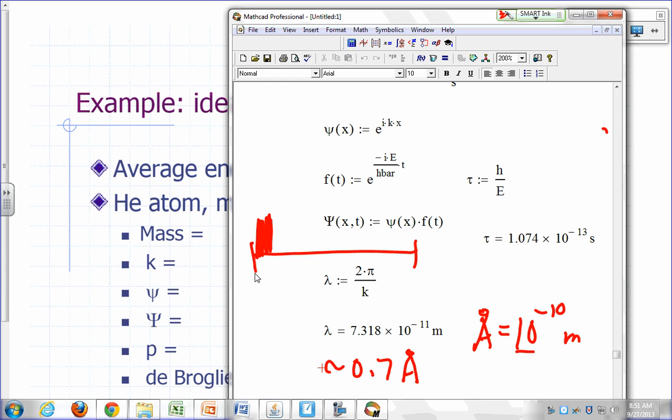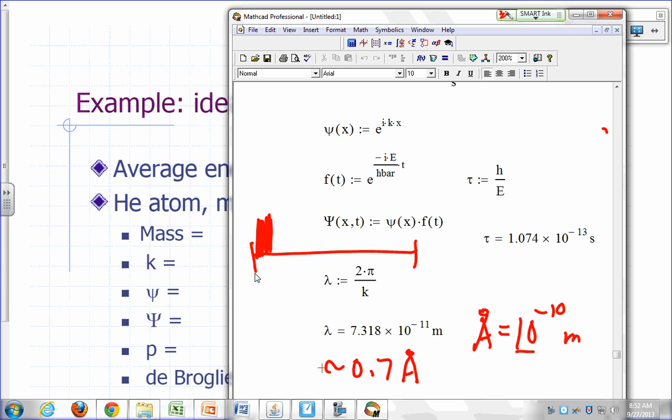Okay, so that 10 to the 10th is what? 10 billion, right? A billion is 10 to the 9. So imagine you have a meter stick, the length of your box. Imagine dividing that into 10 billion parts. You can have 10 billion cycles of the wave within that box.